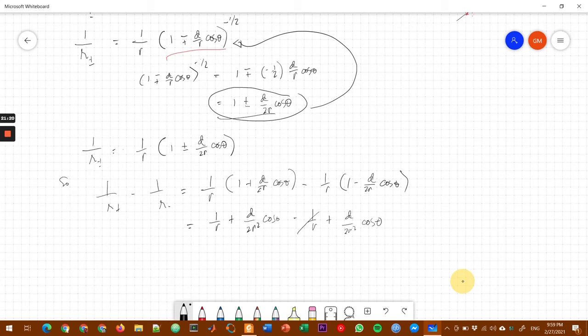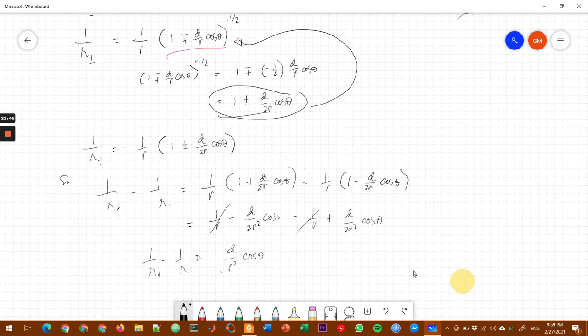The first terms cancel, so we are left with d over 2R squared times 2, so the 2 cancels. That becomes d over R squared cosine theta. So we have this 1 over R plus minus 1 over R minus.